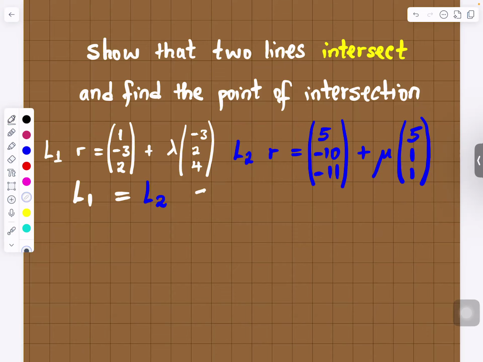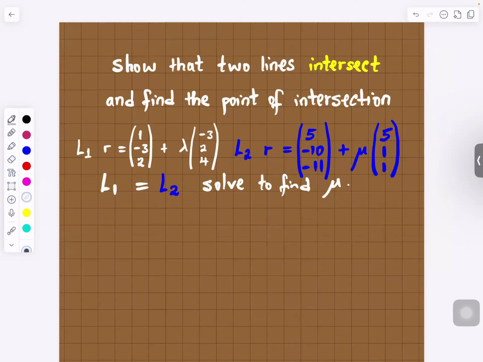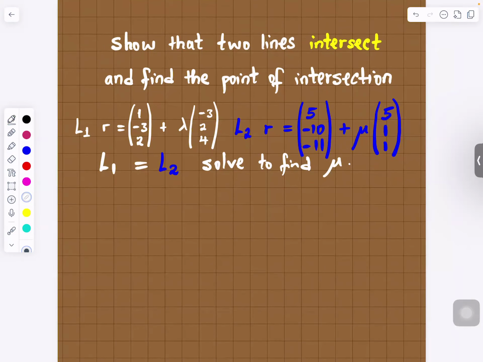So you make them equal, and then you solve to find mu. We solve it to find mu, and then we can check if it's correct. So we make the two equations.